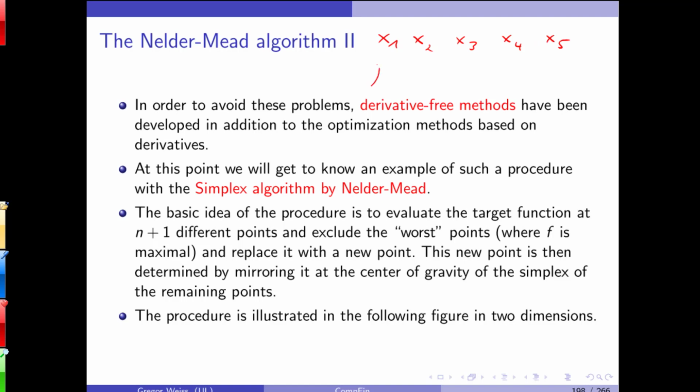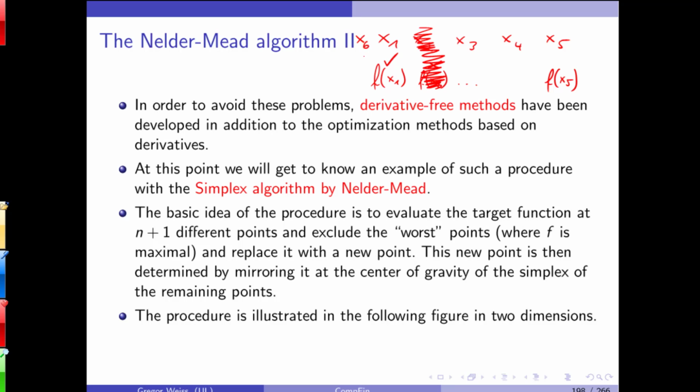You check for the function values of these solutions, and then you see that this is the best and this is the worst solution. What you do now is you delete x2 and you insert a new possible solution, x6.